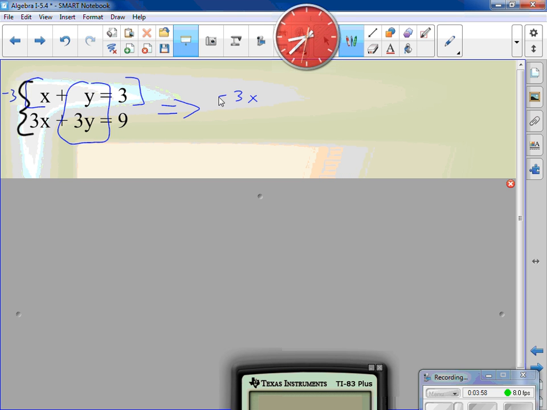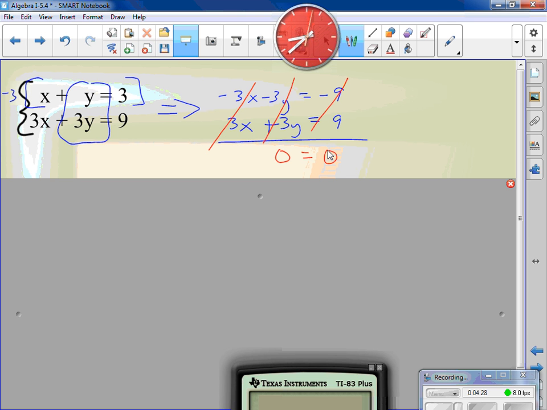-3x, -3y equals -3 times 3 is -9. Bottom one stays the same: 3x plus 3y equals 9. Gone, gone. So I'm left with 0 over here, and -9 plus 9 is 0.